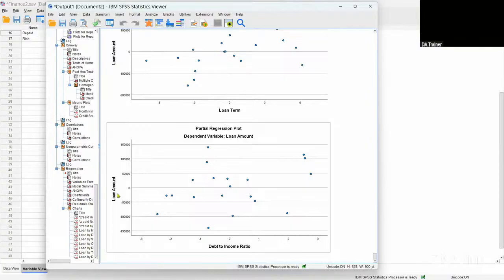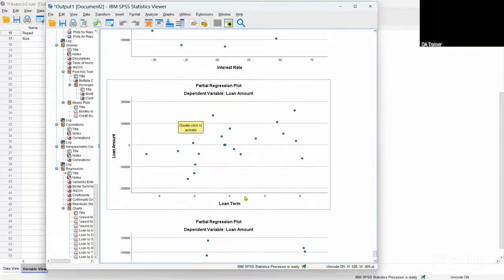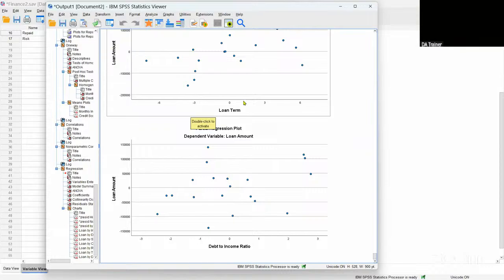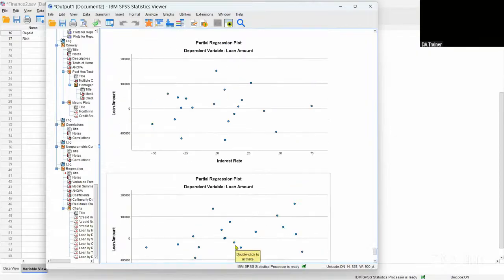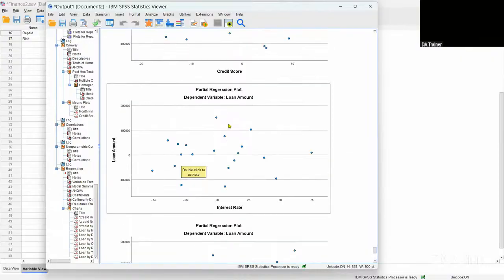Scatter plot for loan amount, scatter plot for loan term regarding loan amount, and then loan amount regarding debt to DTI, and then loan amount in regards to interest rates.